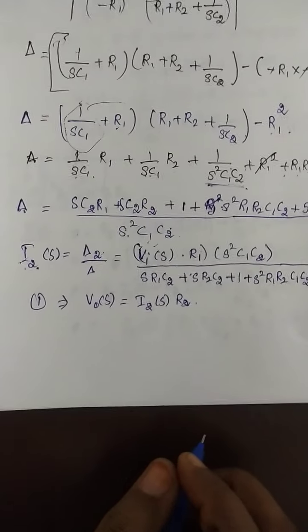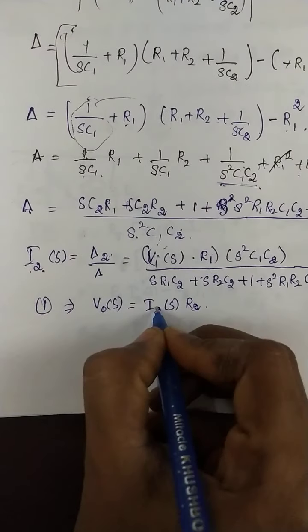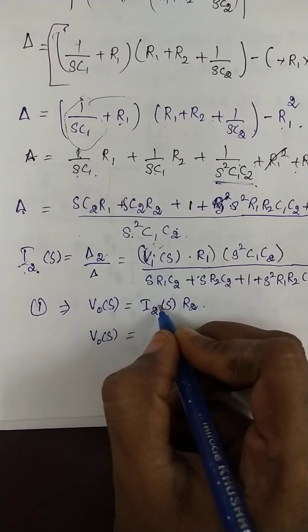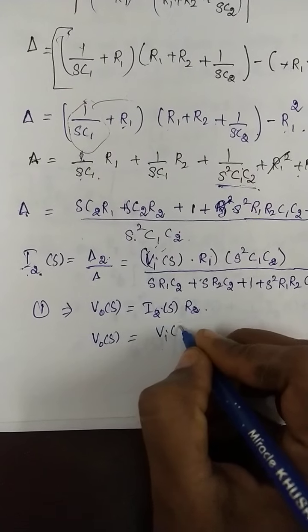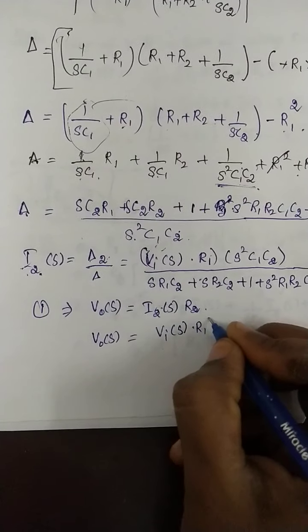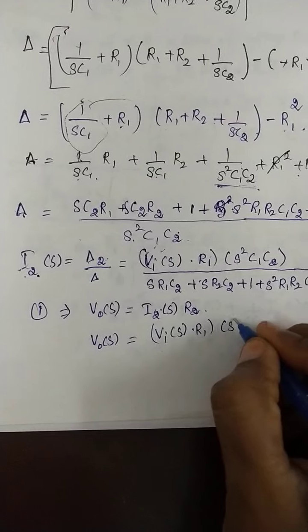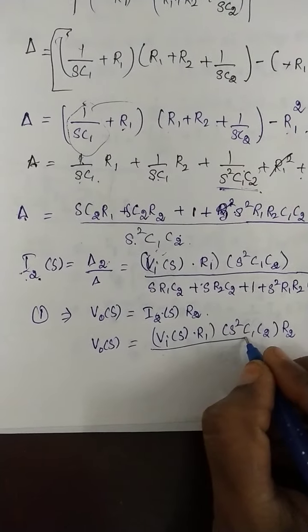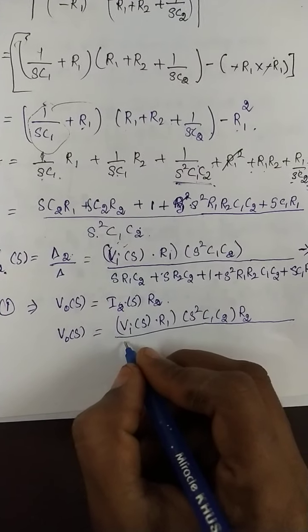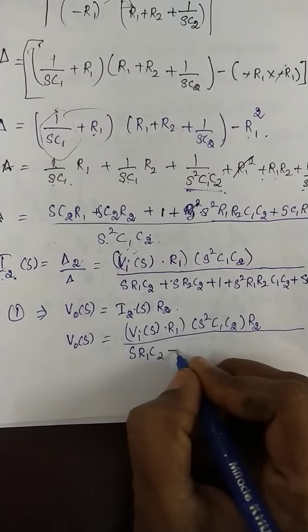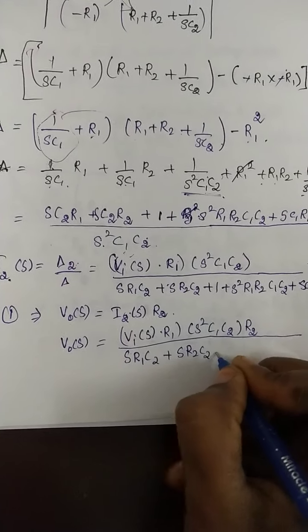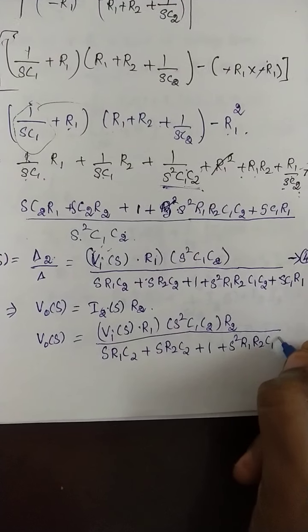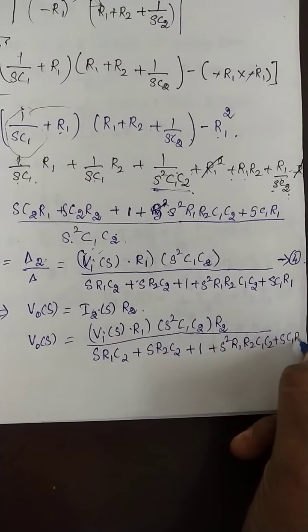I2 of S into R2. So substituted, what is I2 of S? So V0 of S which is equal to I2 of S. So I2 of S is Vi of S into R1. So S squared C1 C2 into R2 divide by S R1 C2 S R2 C2 plus 1 plus S squared R1 R2 C1 C2 plus S C1 R1.